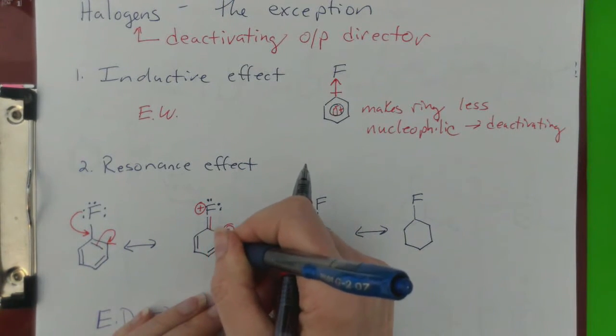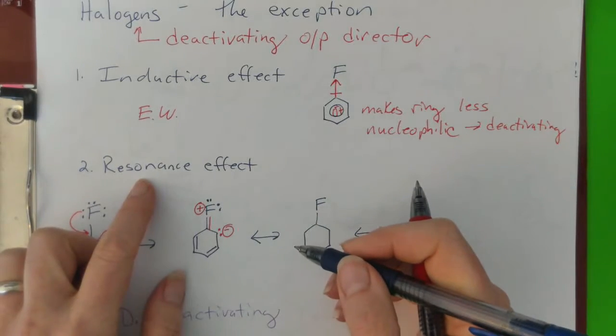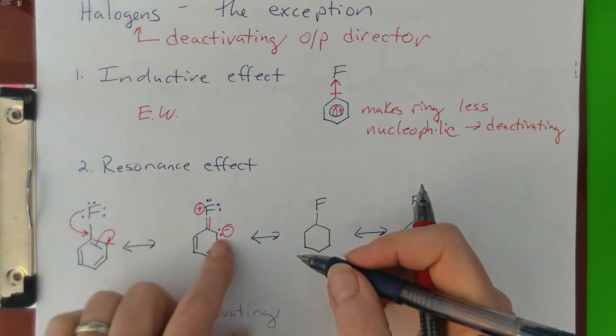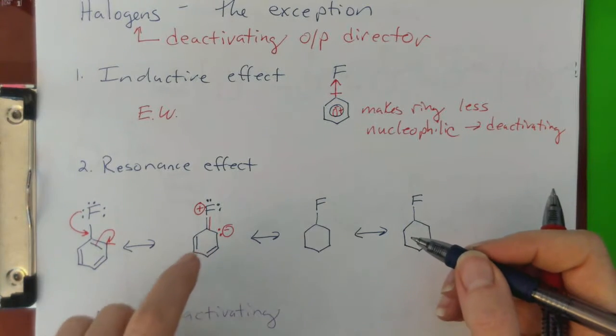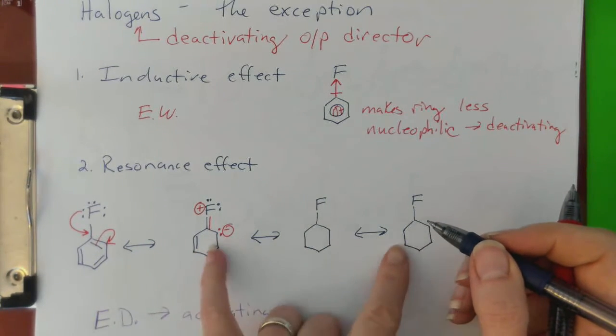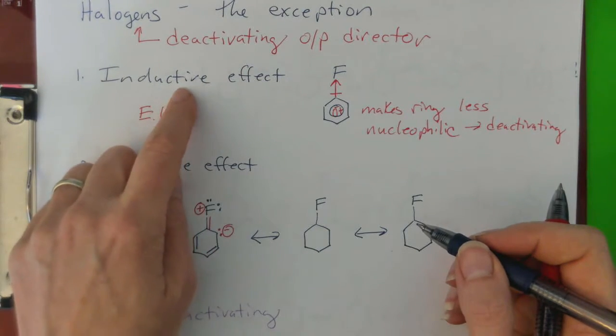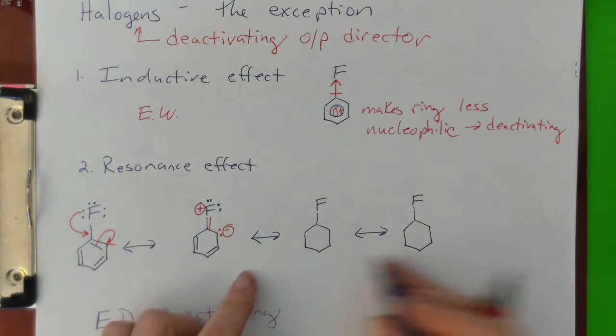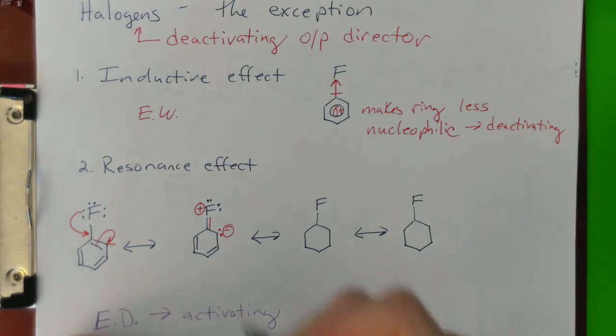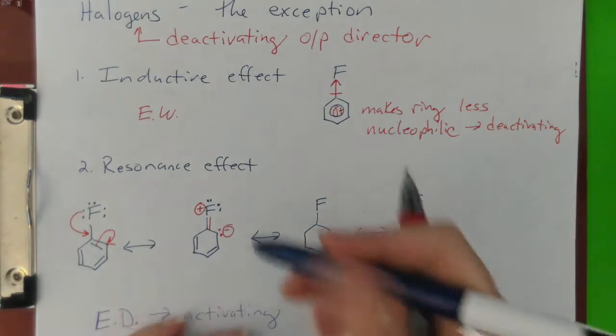But it's a deactivating group. So even though from a resonance standpoint it looks like we're going to have negative charges in the ring, and that's usually activating, for the halogens the inductive effect is more important than the resonance effect. Let's go ahead, though, and just finish this out, drawing the resonance.